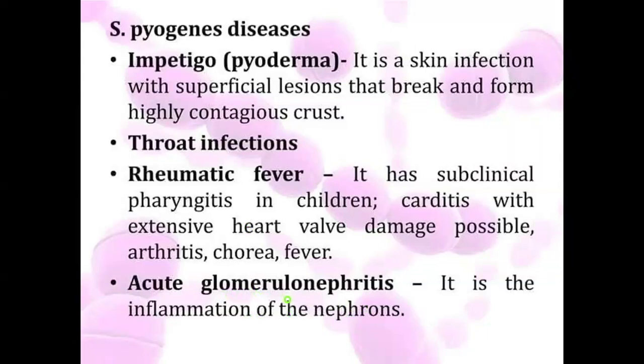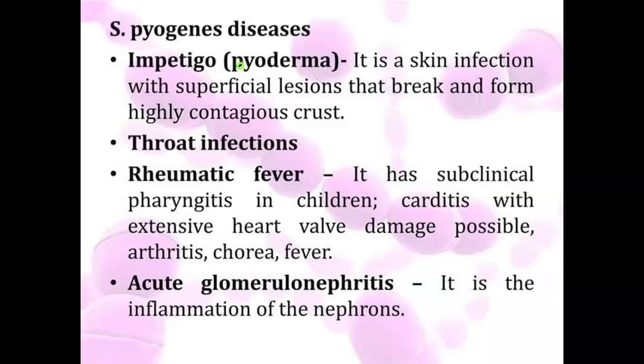Glomerulo comes from the glomerulus in the nephrons, and itis means inflammation. So acute glomerulonephritis is usually called post-infectious, post-streptococcal glomerulonephritis. In this case, the antibodies were targeting your skin, remember you got impetigo, so there are antibodies on the surface of the skin attacking those cells.